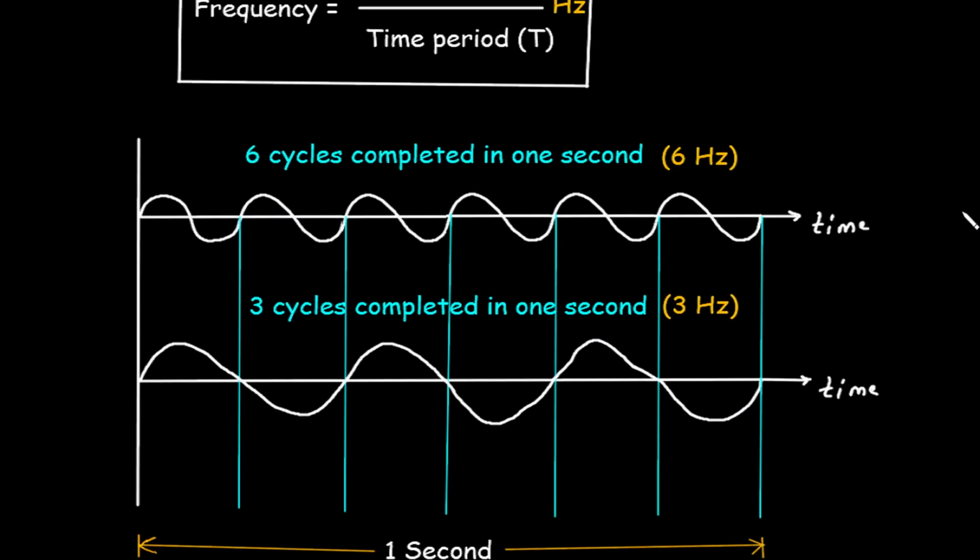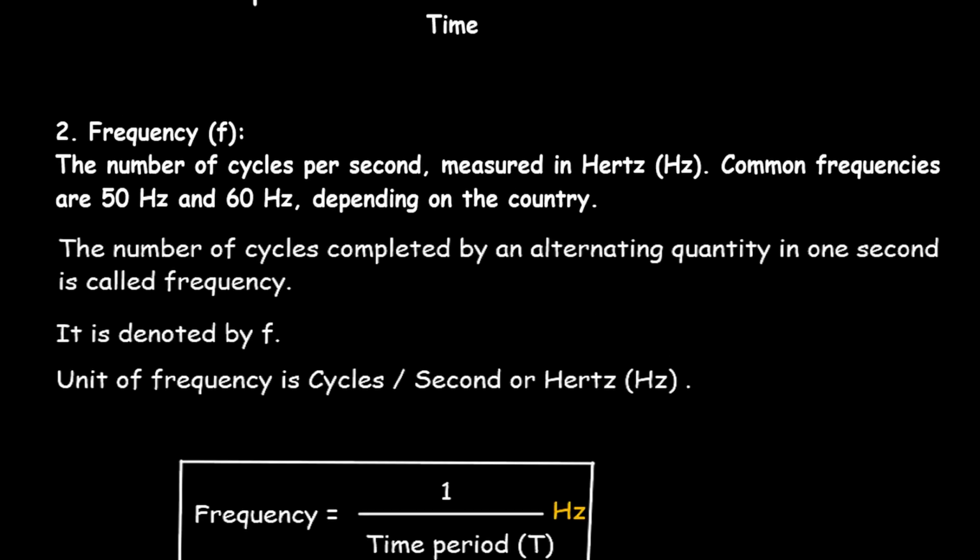Now here we can see these are the cycles. From here to here it is one complete cycle, one positive phase and one negative phase. So it is called one complete cycle from this 0 to this mark. Again this cycle is repeating again and again. So it is called a cycle.